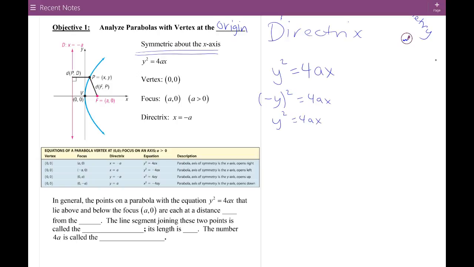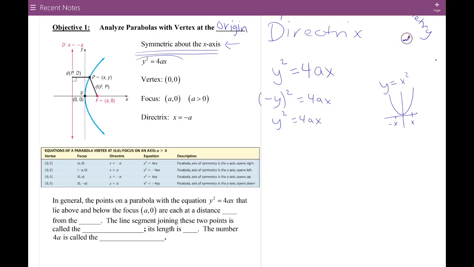That tells you that you have symmetry about the x-axis. If you replace x with negative x and get the same thing, that's when you have y equals x squared, and you get symmetry about the y-axis when you replace x with the opposite of x and get the same y value.